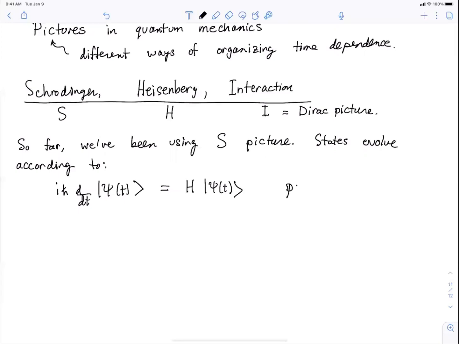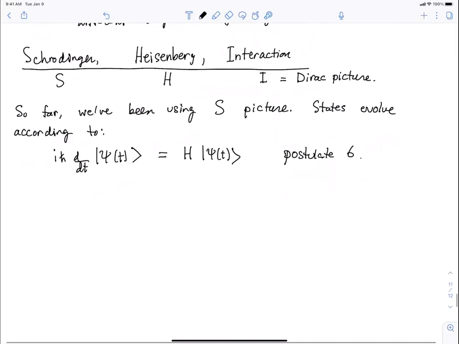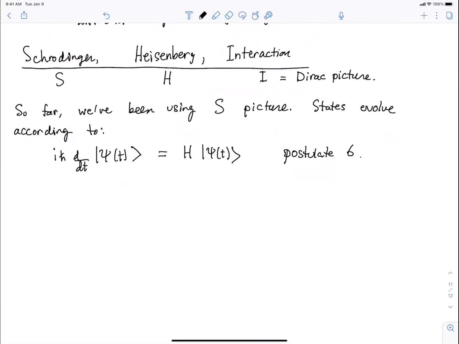Okay, that was postulate 6. But when we said postulate 6, we could have added the words in the Schrodinger picture, but that's what we usually use. So we didn't bother with that terminology back then.